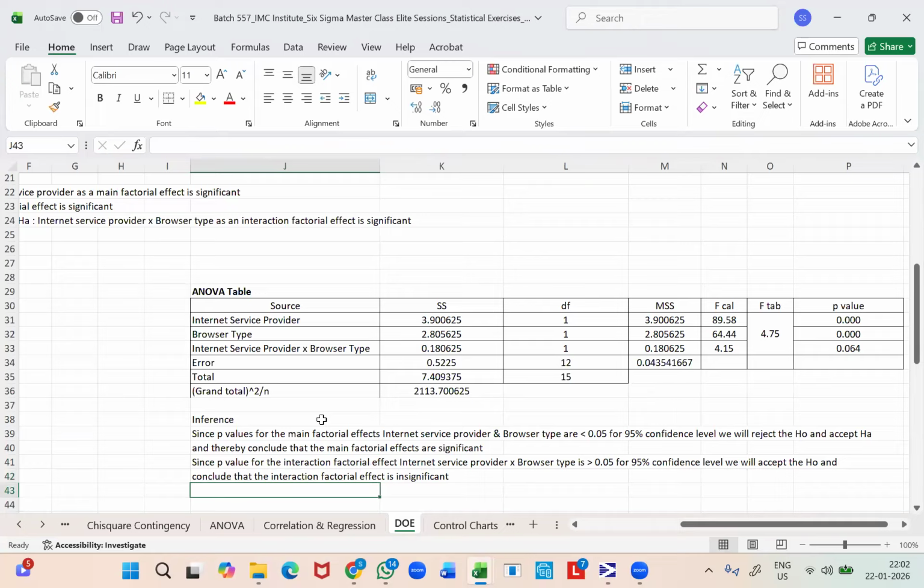The interaction factorial effect is insignificant, right?